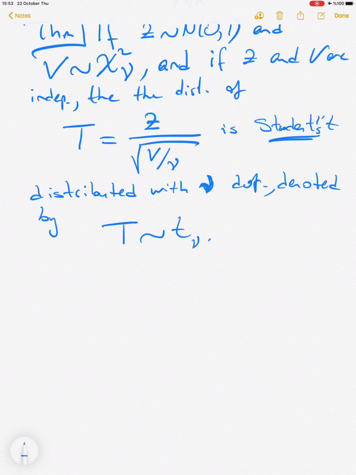Actually, the t distribution was discovered by Gosset in 1908, when he was working at the Irish brewery Guinness. You may know this brand. His paper was published in Biometrika under the name Student. Actually, he wanted to publish it as the t distribution, but Guinness didn't approve this to protect trade secrets.